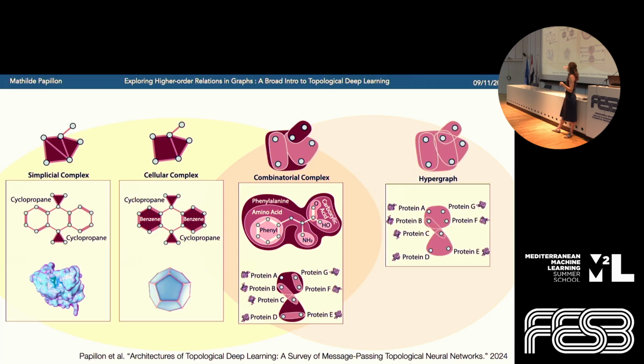The cellular complex is a little bit more general because it can accommodate more than just triangles. That's the big difference. And then in the hypergraph case, this is useful for interaction type data sets where any protein could be meaningfully interacting with any protein in your body, and you might want to be able to represent that. And then the combinatorial complex, you can do both, right? You can have these conceptual high-level interactions as set type and the rigid geometric ones as part-whole. Okay.